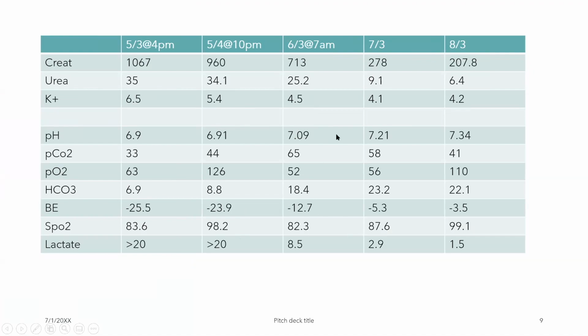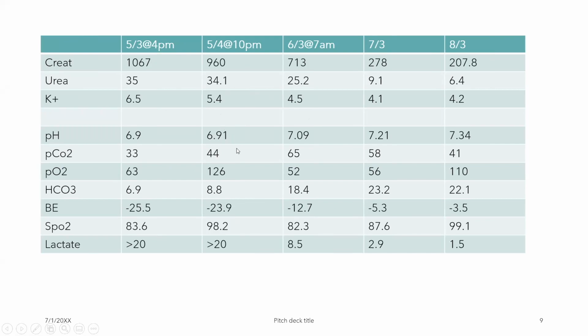Okay, when we look at the first blood on the 5th of March, you can see a very profound AKI, very profound metabolic acidosis, hyperlactatemia, and without the CVVHD, it did not improve at all, despite some giving sodium bicarb.